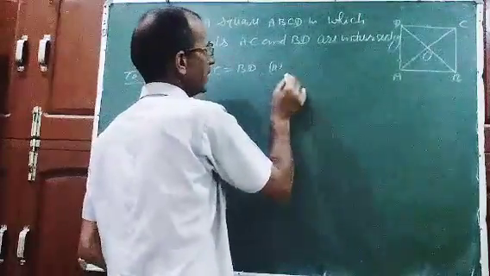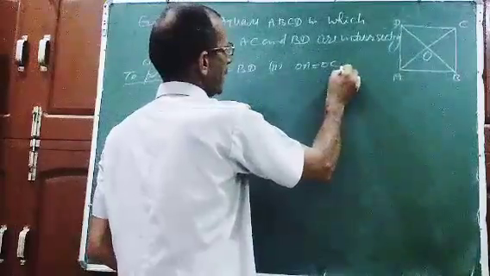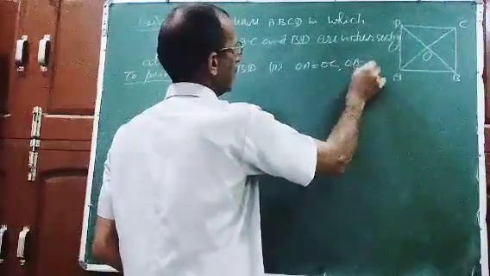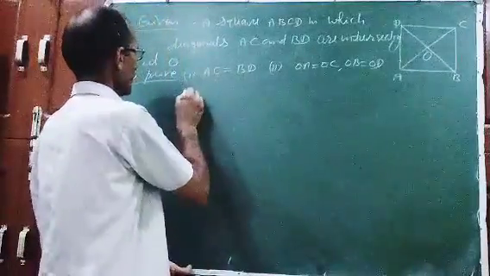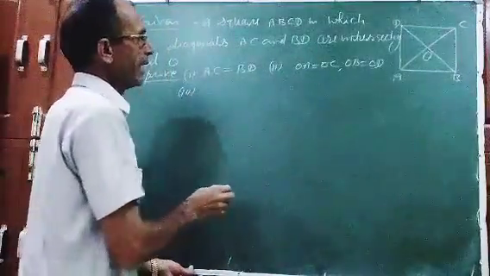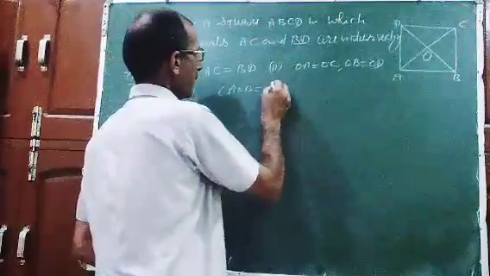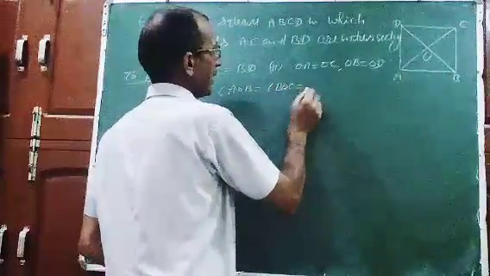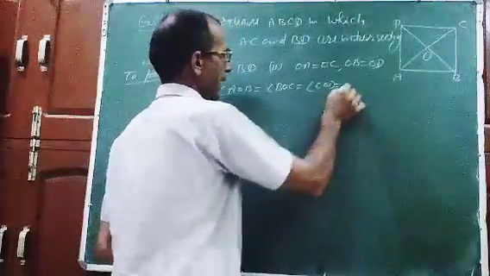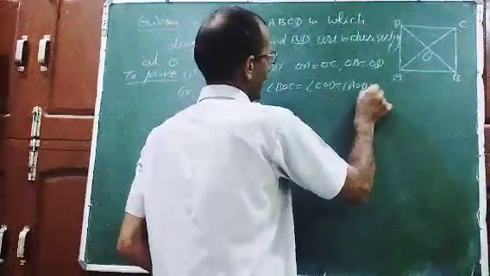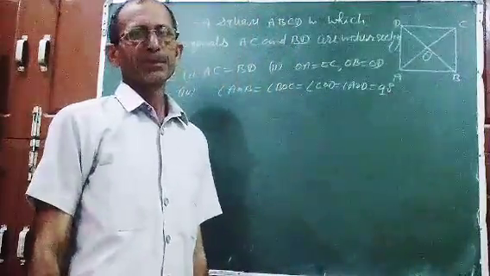And second, OA is equal to OC and OB is equal to OD. This is the second part. Third part, angle AOB is equal to angle BOC is equal to angle COD is equal to angle AOD, each 90 degrees. So we have to prove this.